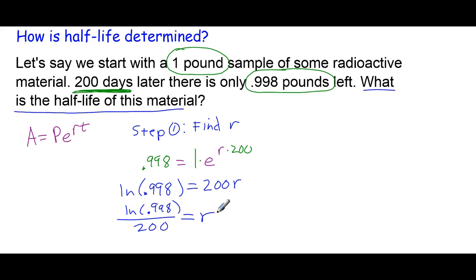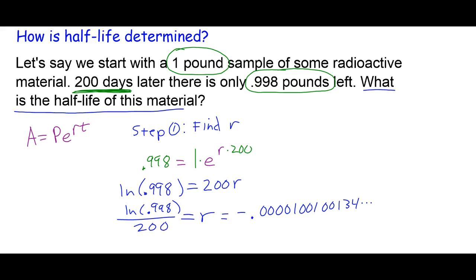But as we've noticed in several problems we've done so far, the decimal is not really very useful at this point. It's negative 0.000001001 00134, etc. So yes, it's a very slow decay rate. In 200 days, only a little tiny bit of it decayed away. So it's a very low decay rate.